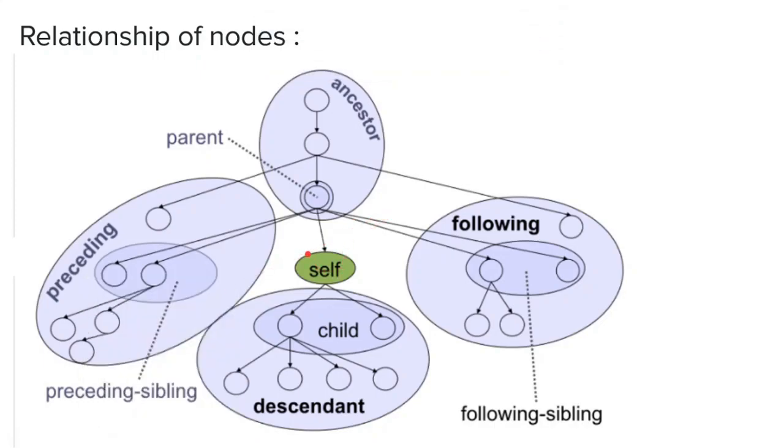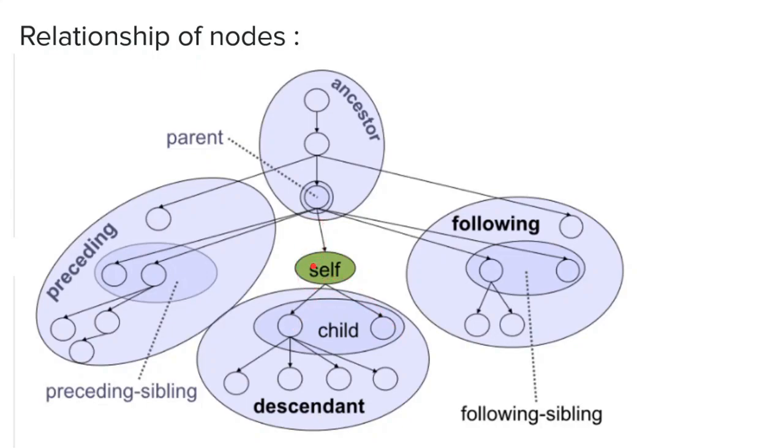Okay, so this is the self node or the context node. So we can consider any node as a self node. In this example I am considering this node as a self node. Then this one and this one, these two are the children of this self node.